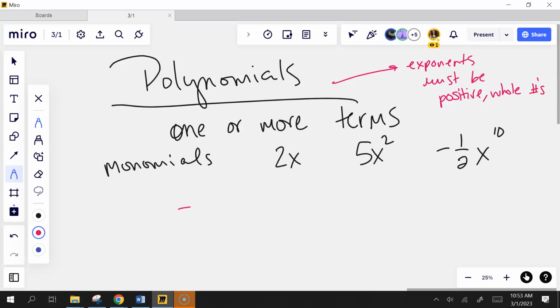So if I had 5x to the 1/2 plus 6x minus 3, that is not a polynomial because the exponent is not a whole number. Positive whole numbers on x's, as long as that's the case, we're good to go with being a polynomial.